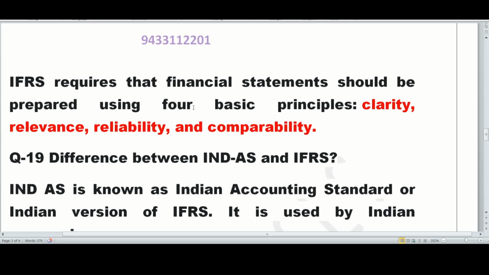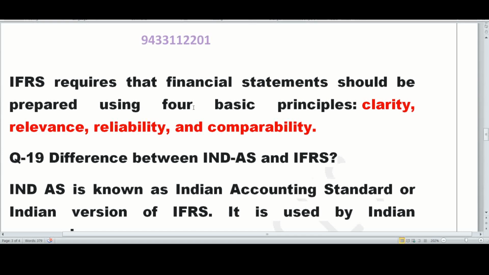IFRS objective is clarity, relevance, reliability and comparability. Now the question is the reliability of the financial statements. If a professional has certified the financial statement, it must be reliable, it must have clarity, and it must have relevance.